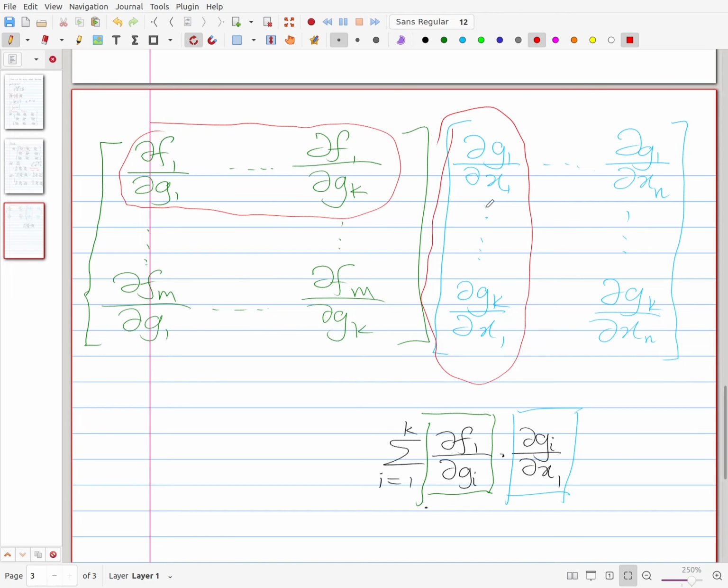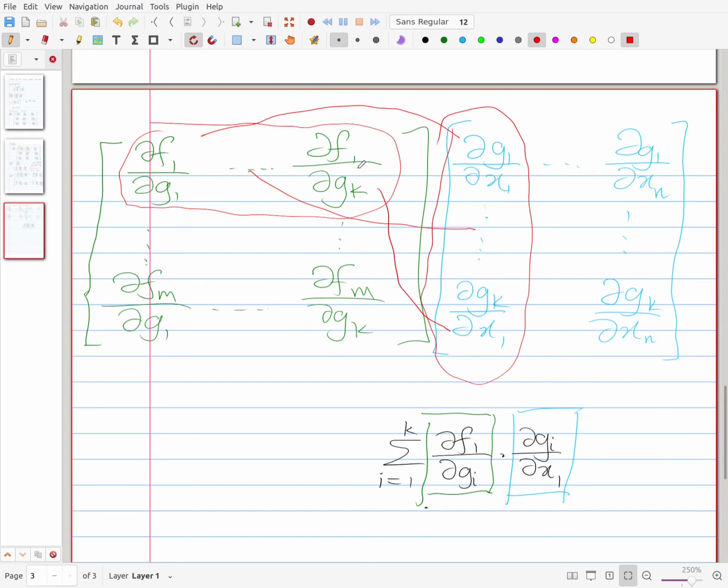Well, if you multiply this out using the standard matrix product, what you'll see is that these two terms get multiplied together. Then the next two get multiplied together, and so on. And then these last terms get multiplied together.